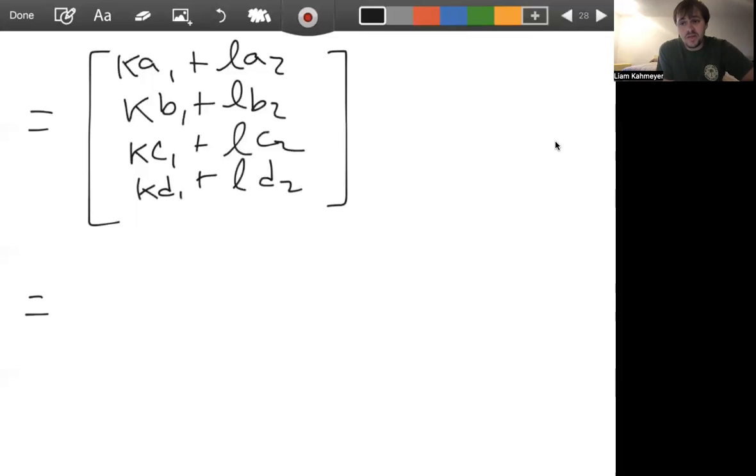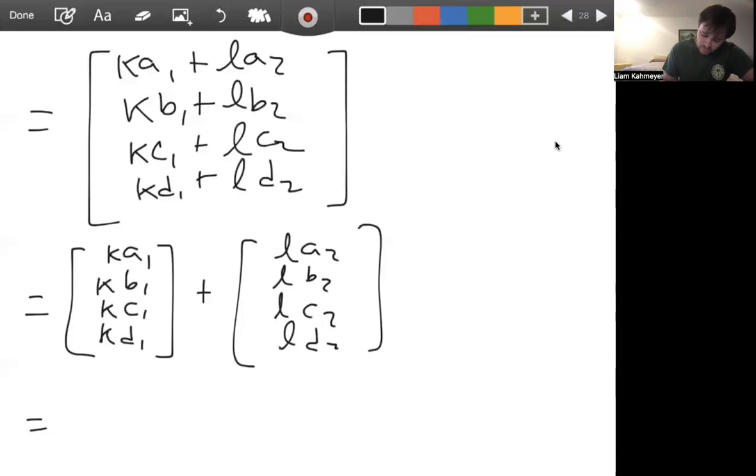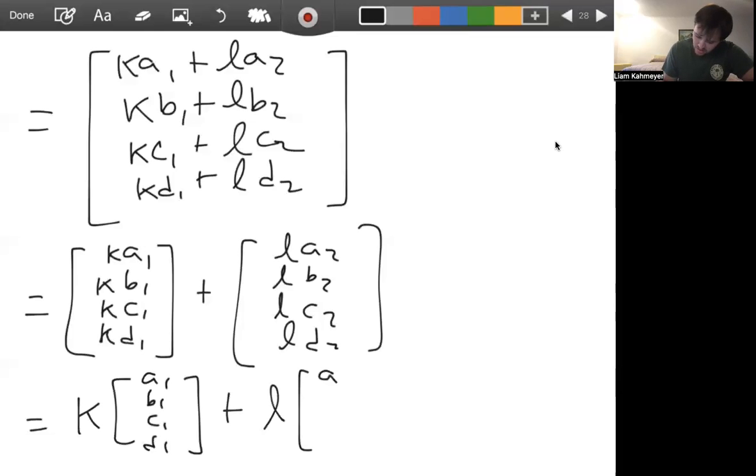Now we can do our arithmetic in the codomain, or in the image, because we're in R4, which is also a vector space. That means we can split this vector up into KA1, KB1, KC1, KD1 plus LA2, LB2, LC2, LD2, which we can scale: K times A1, B1, C1, D1 plus L times A2, B2, C2, D2.